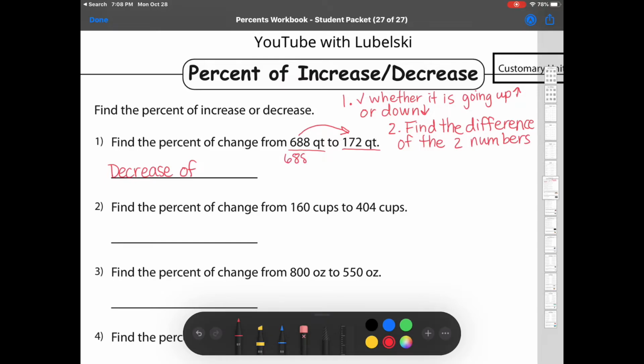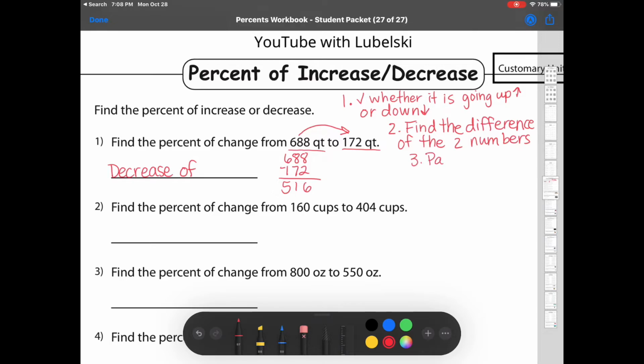So I'm going to take my larger number, 688, and I'm going to subtract 172. I get 516. Now we have to figure out, how do I compare this to something? Well, 516 is our part.